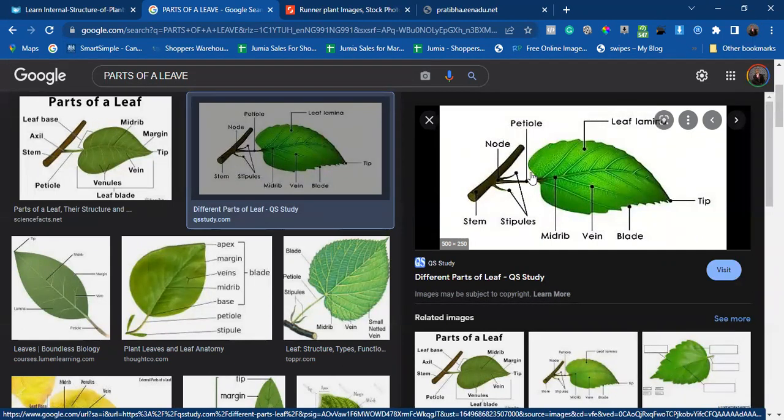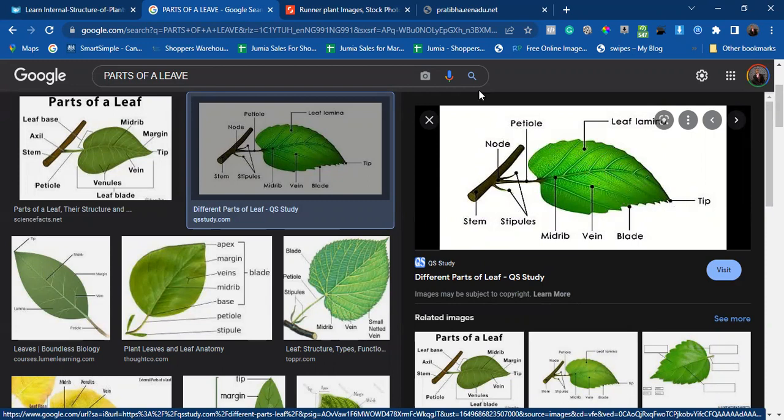So this is the node. Structures of the leaf. We have the leaf blade. That's the edge. These internal lines are known as the veins.